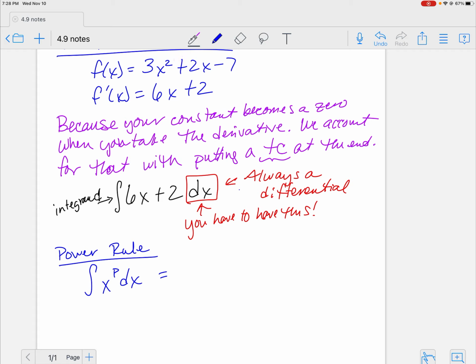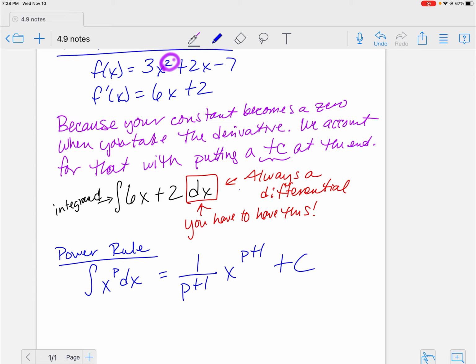An antiderivative is doing the opposite of everything that we did. So for your power rule, we're going to have 1 over p plus 1 x to the p plus 1. And then, of course, that plus c because I don't know what else is happening, right? So instead of subtracting 1, I'm going to add 1.